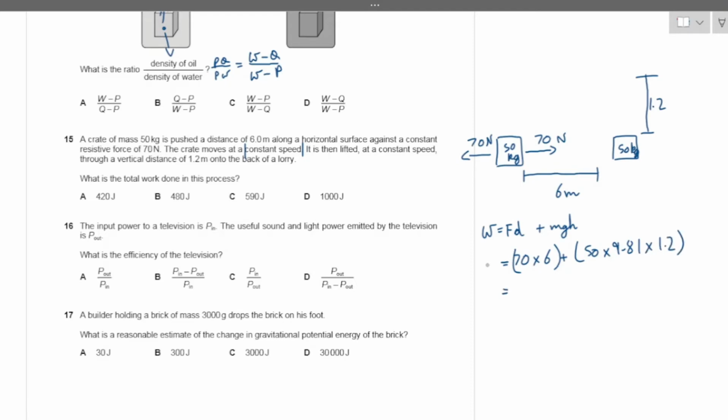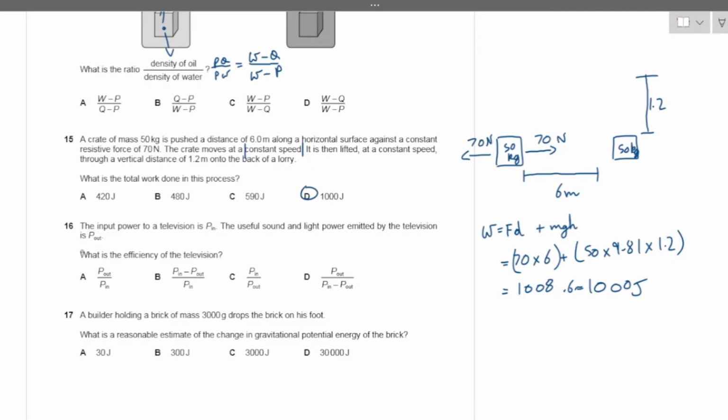Let's calculate. 70 times 6 plus 50 times 9.81 times 1.2 gives us 1008.6, approximately equal to 1000 joules. That would be option D.